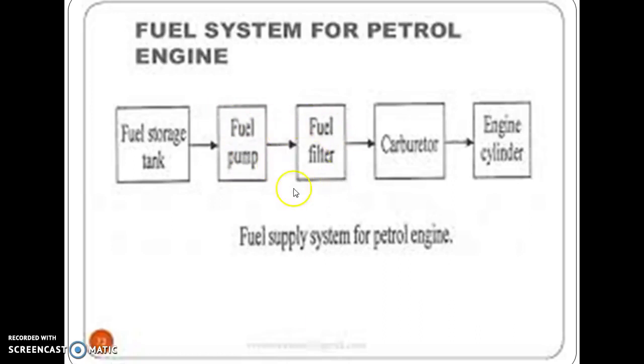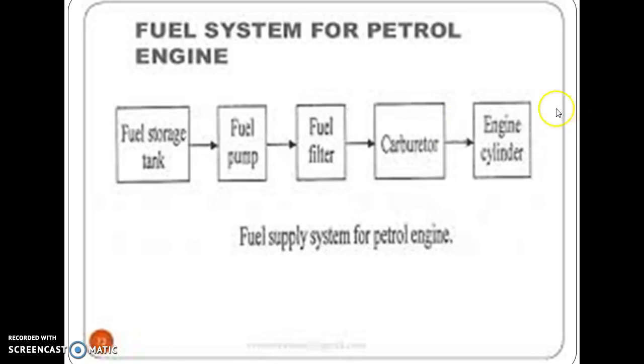And then it comes to the fuel filter. The fuel filter is used to separate the particulates. Dust particles will be removed completely, if anything is present. Then it goes to the carburetor. We have several types of carburetor, like the Solex carburetor and the simple carburetor.